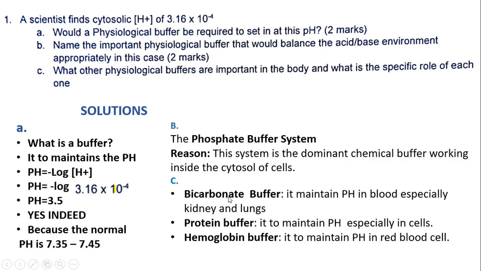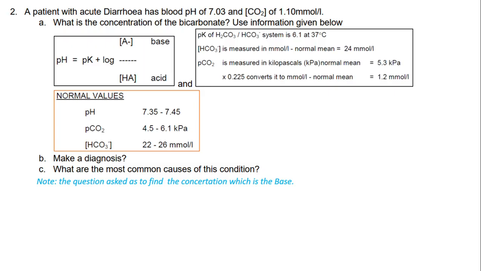Protein buffer is to maintain the pH, especially in cells. Then hemoglobin buffer is to maintain pH in the red blood cell. Hemoglobin is found in the red blood cell. So this is simple. That's all we just need to know on buffers. Let's go on to question 2.